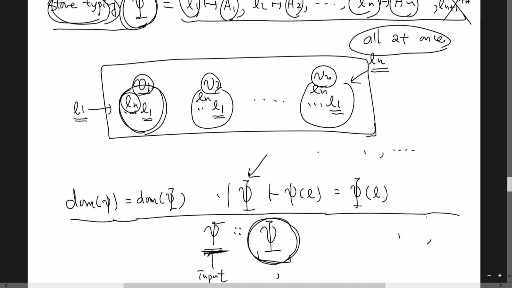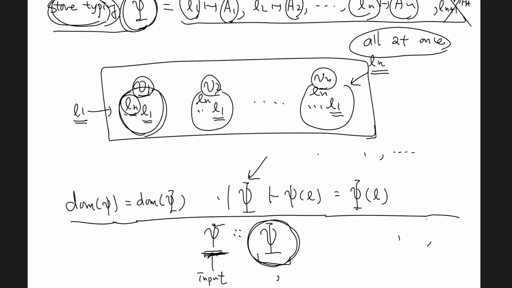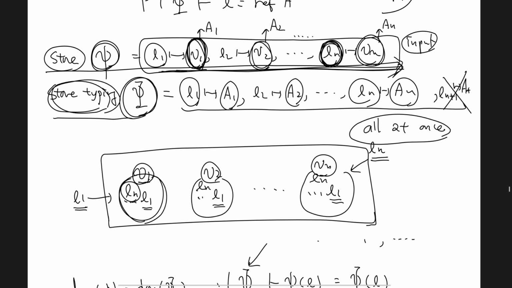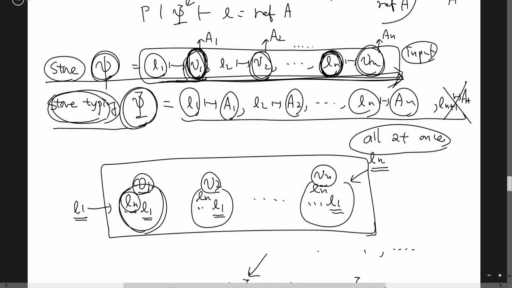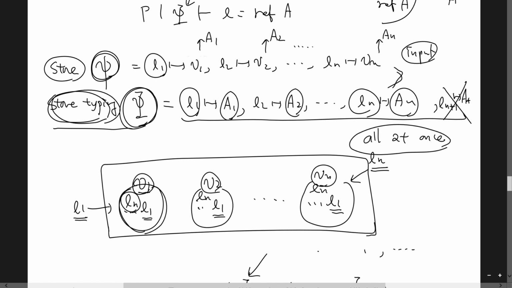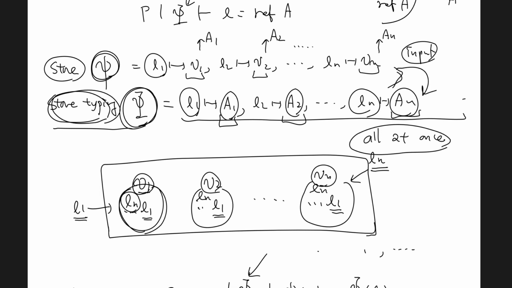It's recursive, but this makes sense because you have to find out the type of all these values all at once. Given these values v1 through vn, you have to find out their types all at once, because of the potential presence of mutual recursion between all these values.